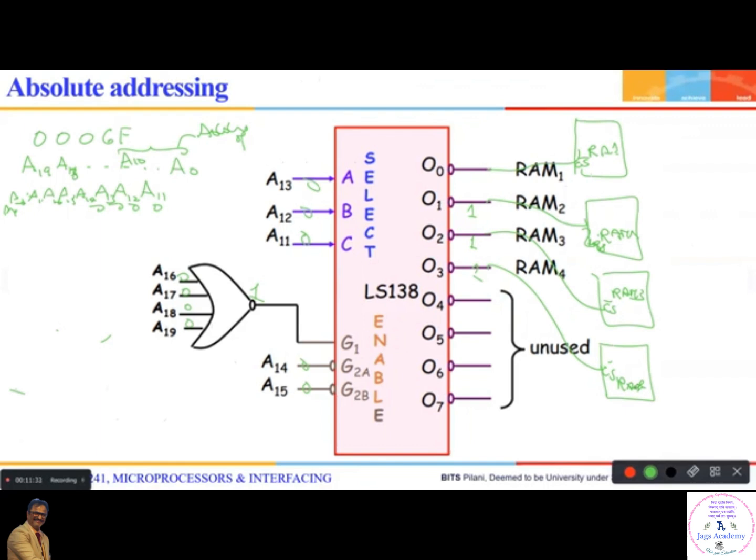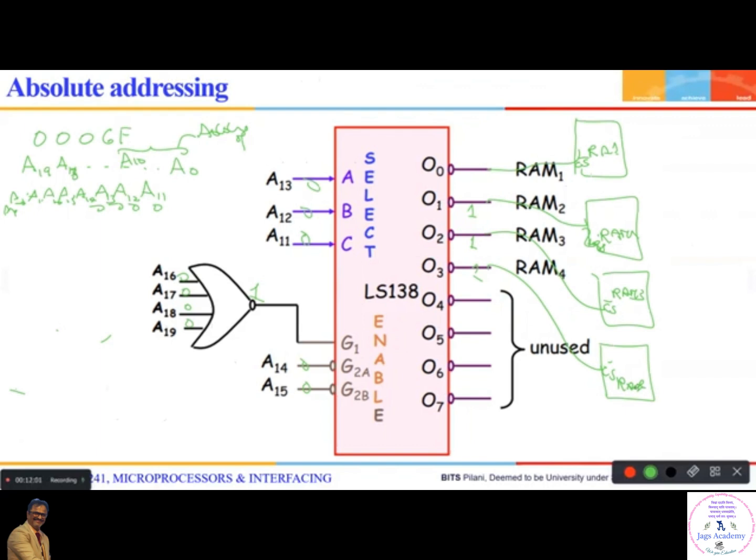The other RAMs are not enabled, because the address generated by the microprocessor is for that RAM only, and this decoder logic has to select that particular RAM. The purpose of this decoder logic is to select either RAM 1, RAM 2, RAM 3, or RAM 4, depending on the address generated.